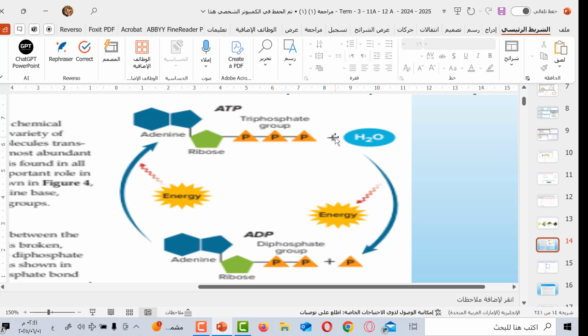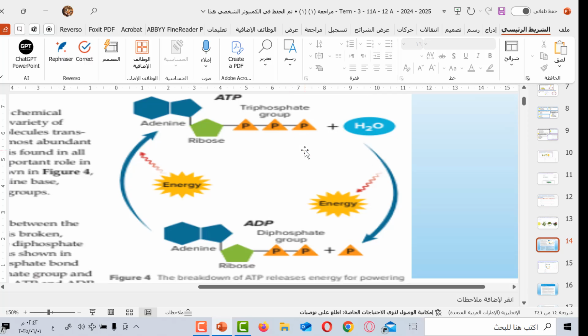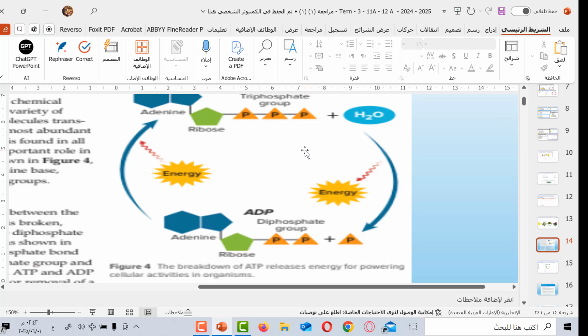If we add water to it and make a catabolic reaction, it will separate the last phosphate group and release a huge amount of energy, and it gives us another component called ADP. ADP consists of adenine, ribose, but two phosphate groups, because one phosphate is separated.